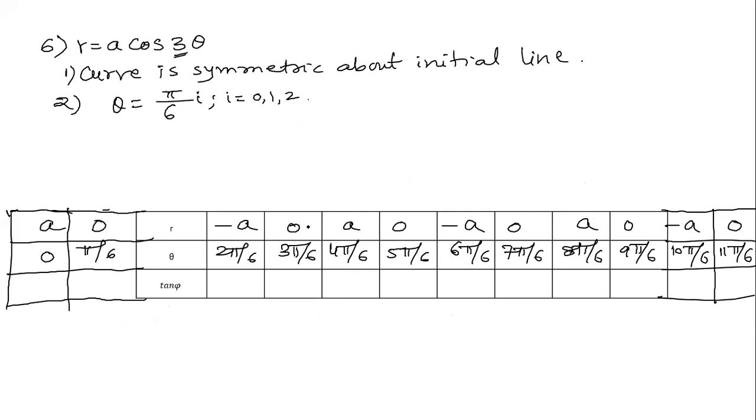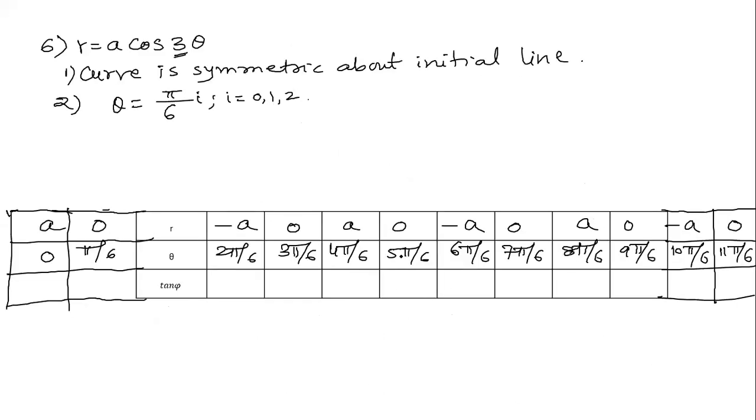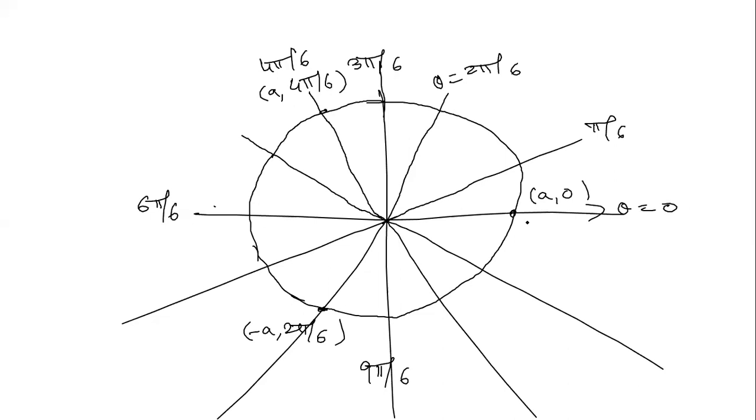Theta equal to 4 pi by 6, r equal to a. Theta equal to 6 pi by 6, r equal to minus a, in the opposite direction, like this.